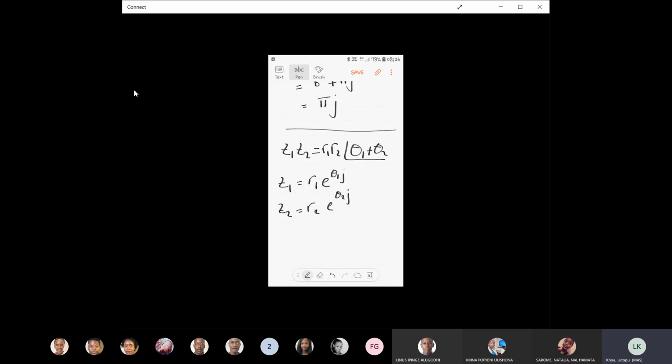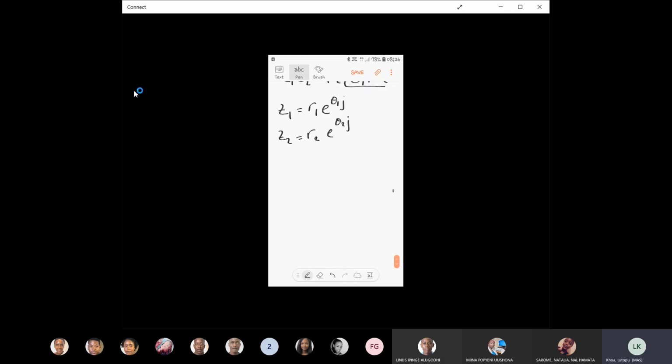Now if I multiply them, I just need to remember my laws of exponents. So z1 times z2 is the same as r1 e to the power of theta 1 j, times r2 e to the power of theta 2 j.